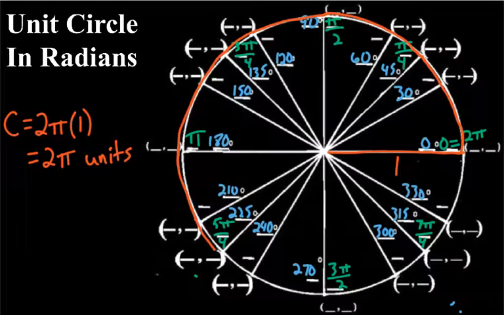Adding another 45 degrees, we're at 225 degrees, so we're at 5 pi over 4. Coming down here to 270 degrees, we're at 6 pi over 4, which is the same as 3 pi over 2. Adding another 45 degrees, we're at 315 degrees, 7 pi over 4.